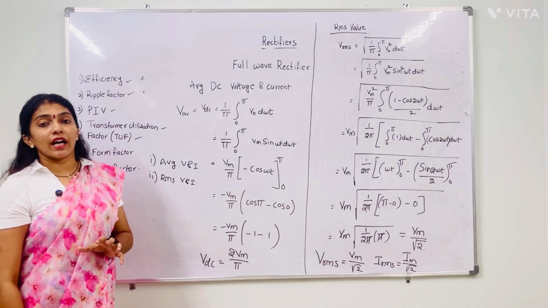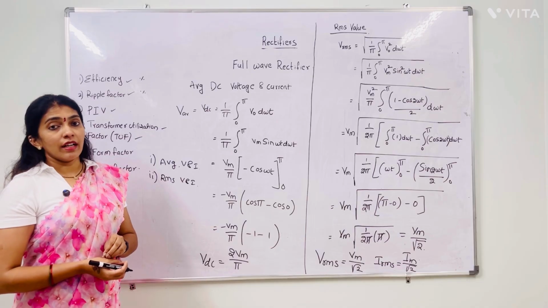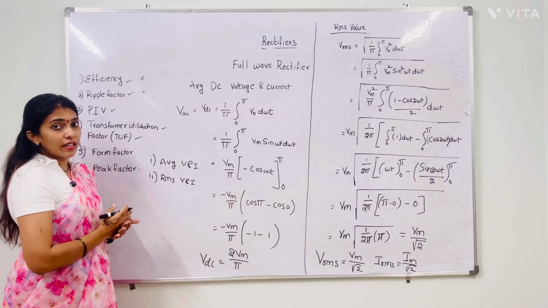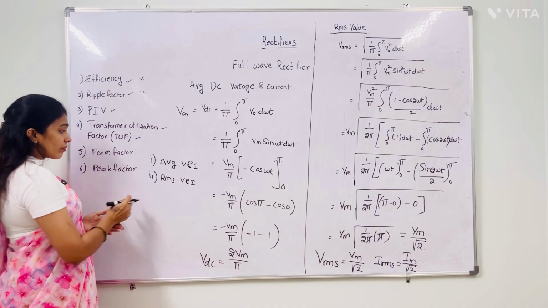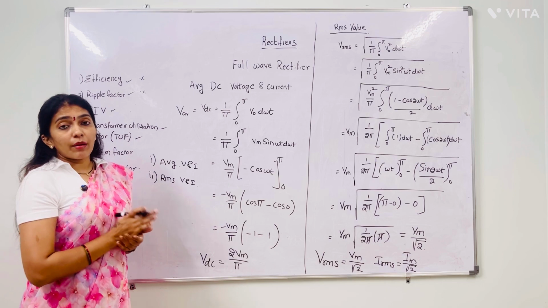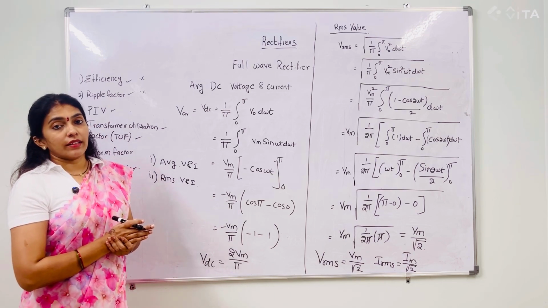Average value of voltage and current means the output voltage and output current, right? Next, the RMS value calculation is for input voltage and input current, right?